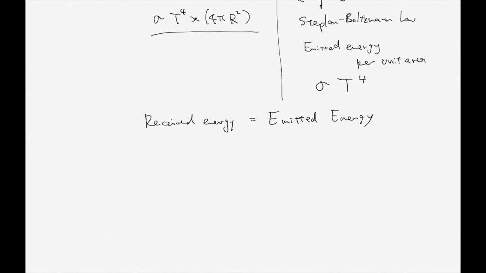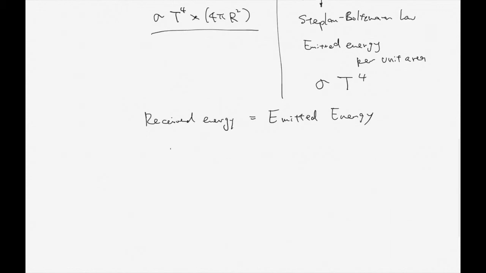Then the received energy is written L over 4 times R over r squared, equal to the emitted energy, sigma T to the fourth times 4 pi R squared.